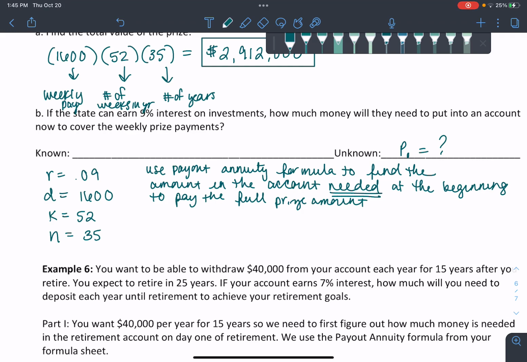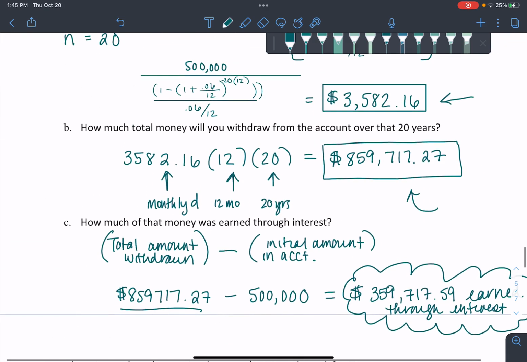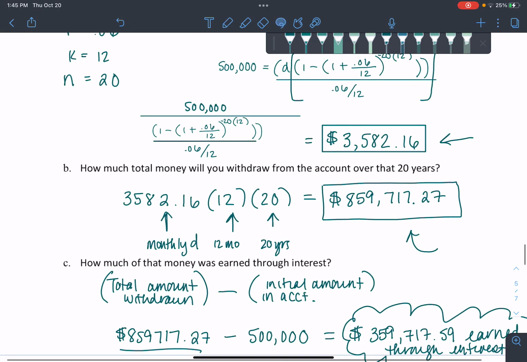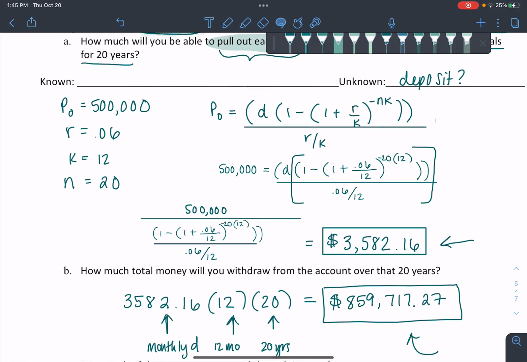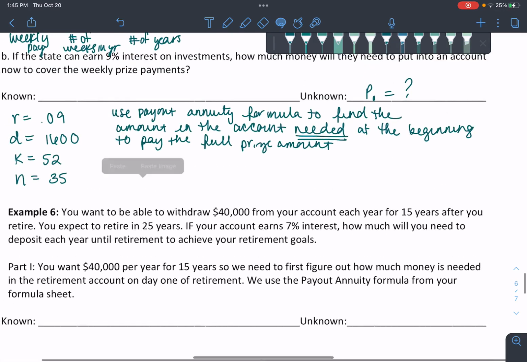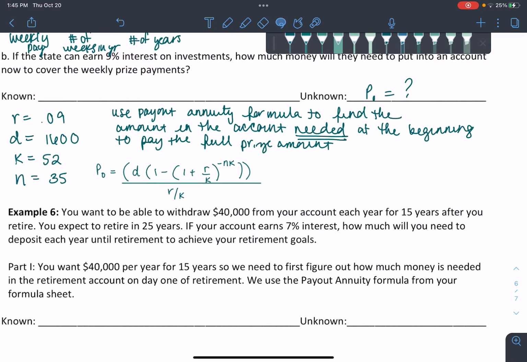So we're going to use the formula. Let me go ahead and copy it because I'm getting tired now. I'm not in the mood to write it out again. And you're like, thanks a lot. I'm not really in the mood either. Okay. So here we go. So there's the formula. So let's bring it on down. Okay, so there she is. So I'm going to plug in. And remember, we're solving for P sub 0. So that's the thing I'm leaving alone.